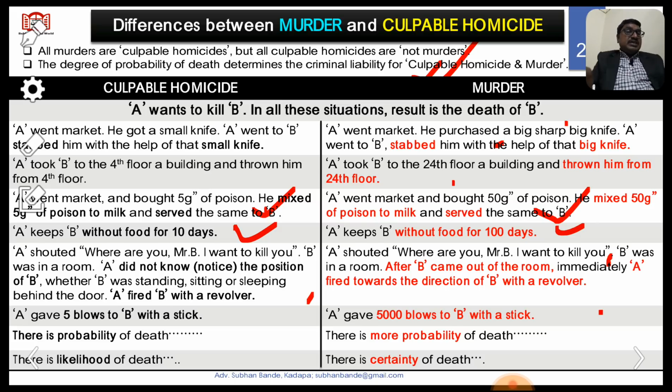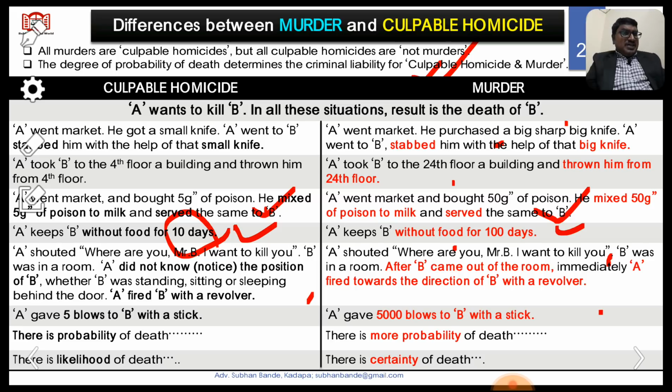He keeps Mr. B without food. In the first condition, A keeps Mr. B without food for 10 days. There is a probability of causing death. In the second condition, A keeps Mr. B without food for 100 days.